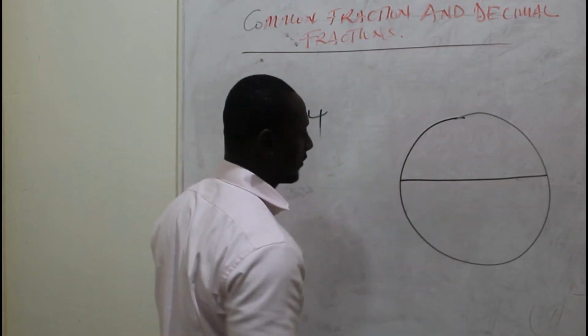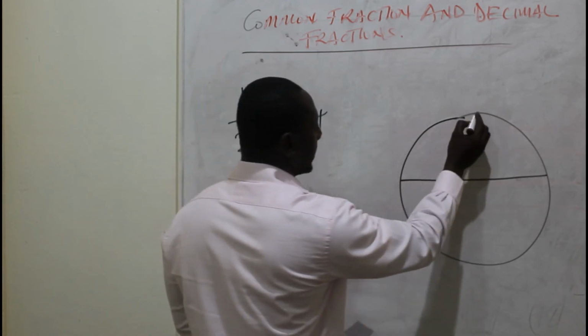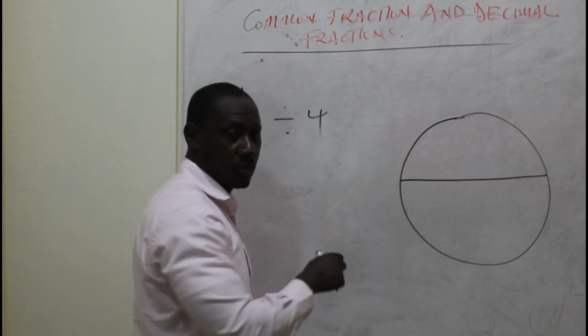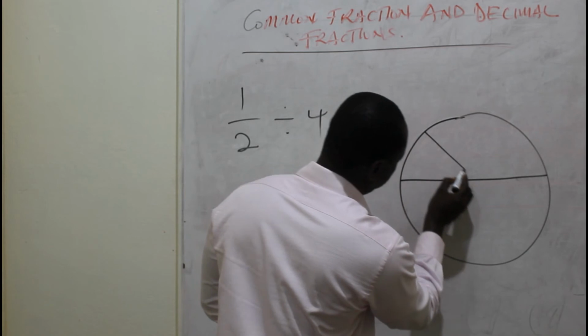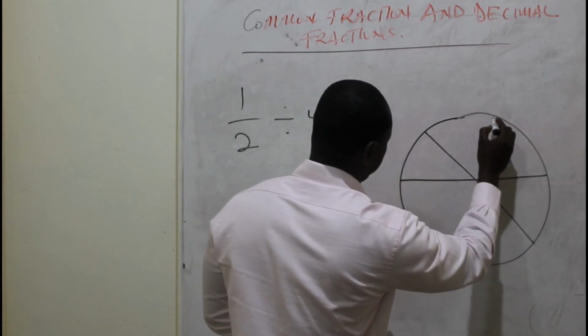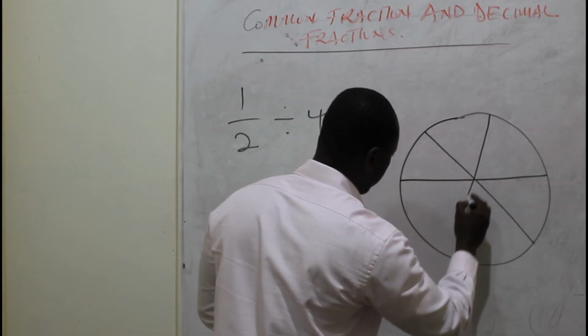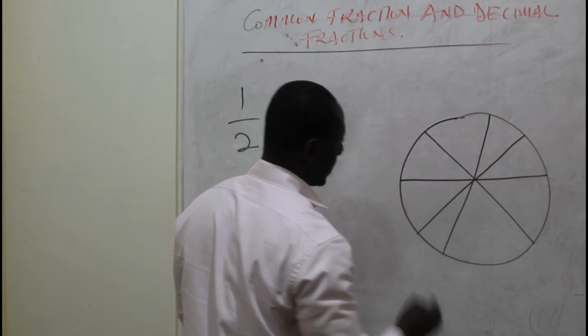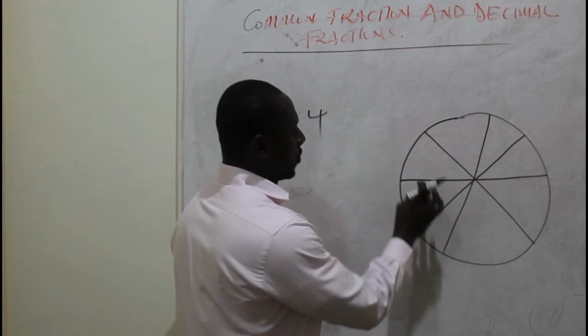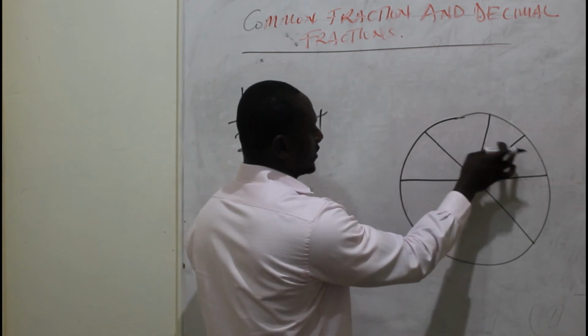And this one is a half. Fine. So I'm now going to divide the half for 4 people. Okay, so I can do it in this way. So I have them in this way.